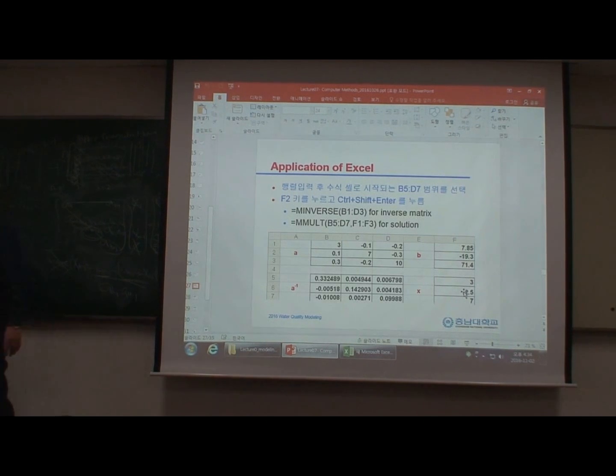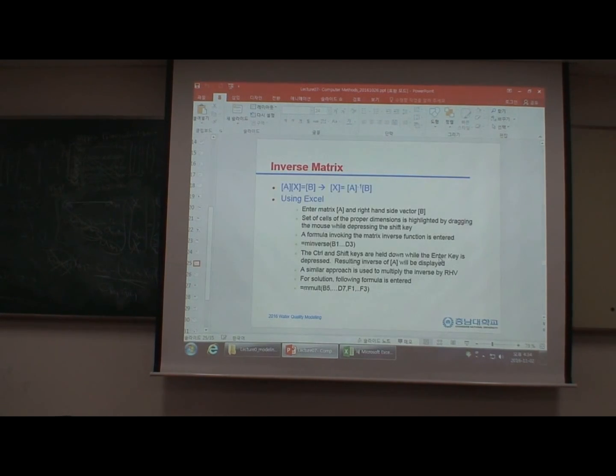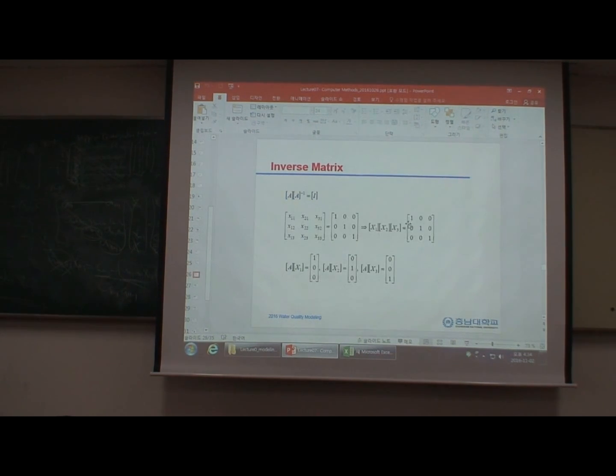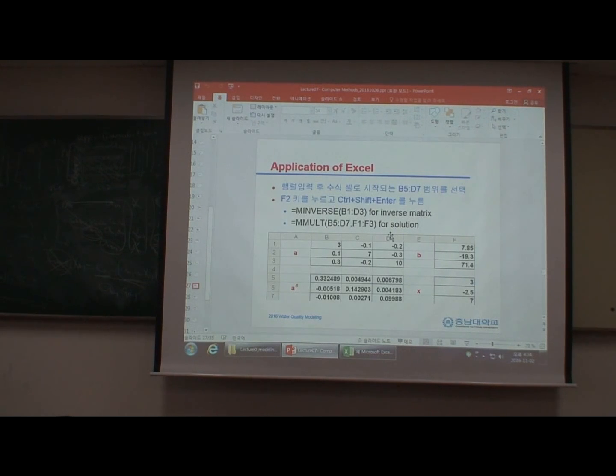That's it. The principle is that if you want to calculate your x value, you calculate the inverse matrix and multiply that with your right-hand side vector. So this is it.